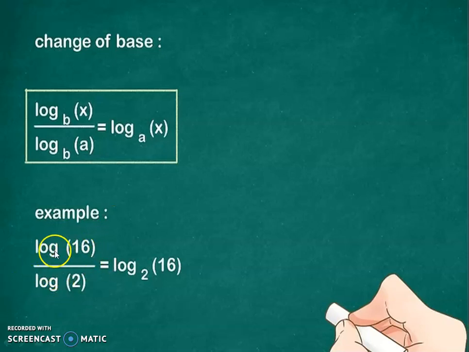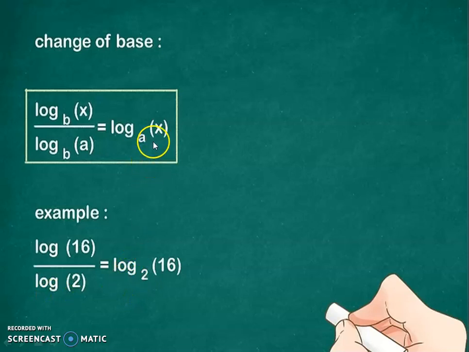So we have log 16 to the base e upon log 2 to the base e. If no base is given, we consider the base to be e. Putting this in the expression, x is equal to 16, a is equal to 2 and b is e.